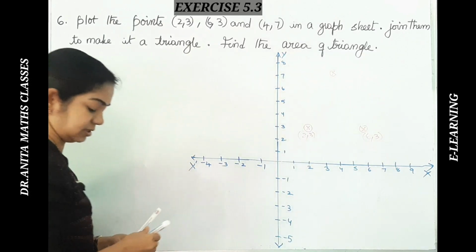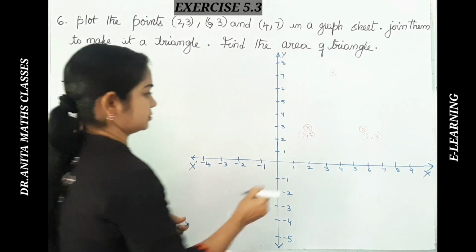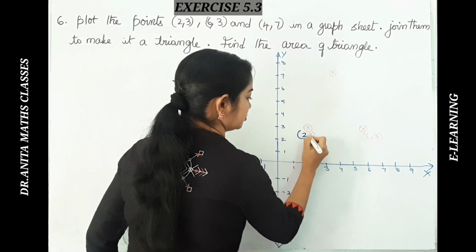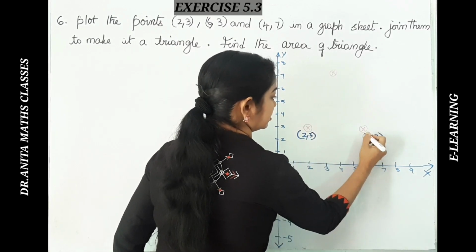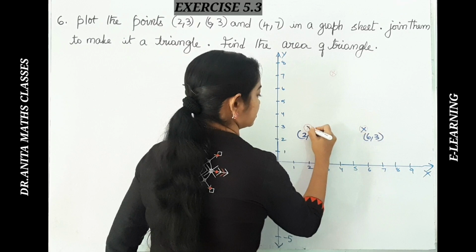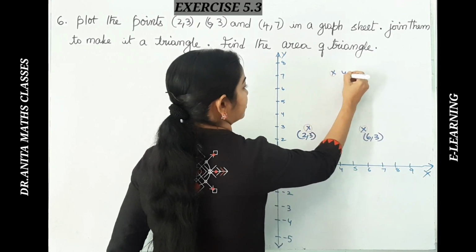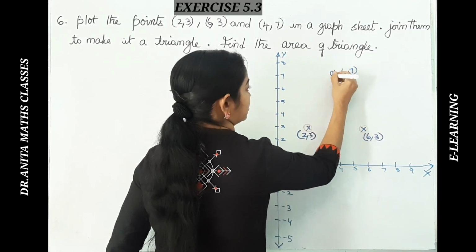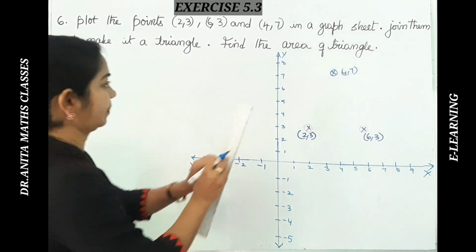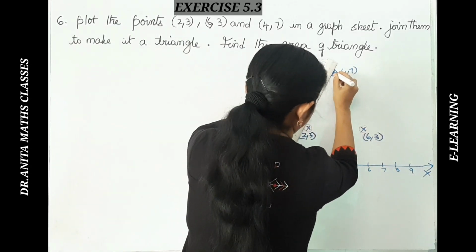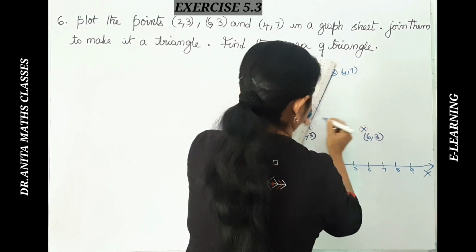Okay. So this is not visible. Let me use this one. Okay. 2, 3 are the points. 6, 3. Yes. And 4, 7. So joining them with the help of the scale, it forms a triangle.